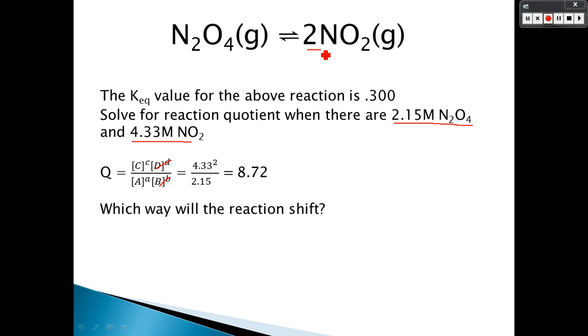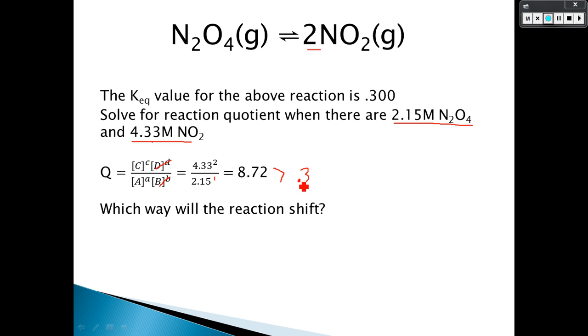So the squared comes from here. Here's our 4.33 divided by 2.15. I mean, obviously raised to the first power. You can certainly put that in there if you like placekeeping. And that's 8.72. So now what we see, obviously, is 8.72 is greater, much greater than 0.3.